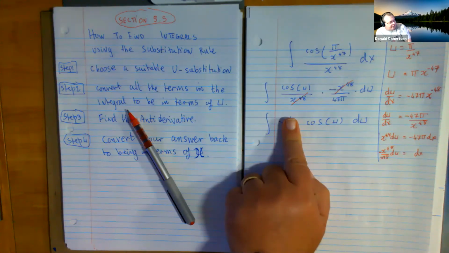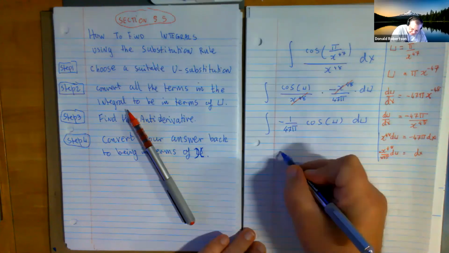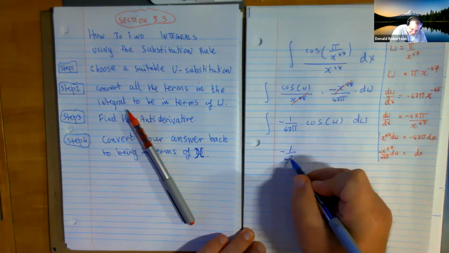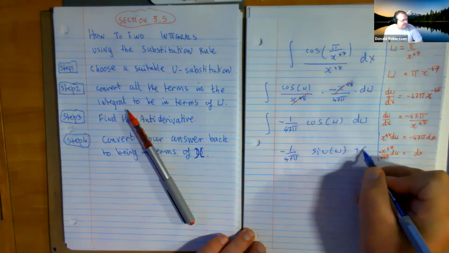So aren't I really just integrating cosine of u? Okay, be careful. What's the antiderivative of cosine u? Sine u. Yeah. And so positive means that the sign doesn't change. Would you agree it's that guy?